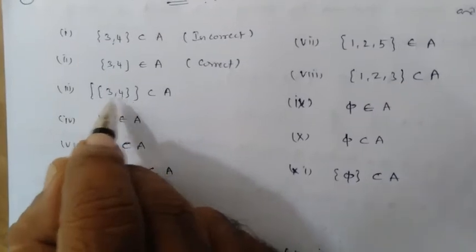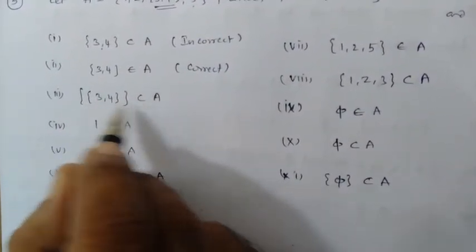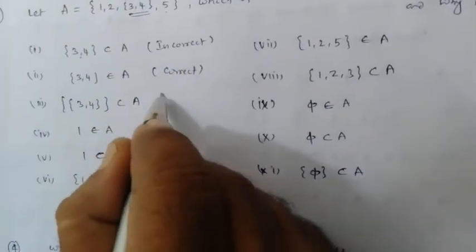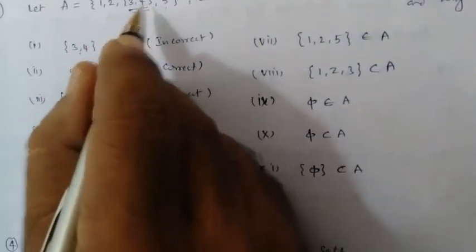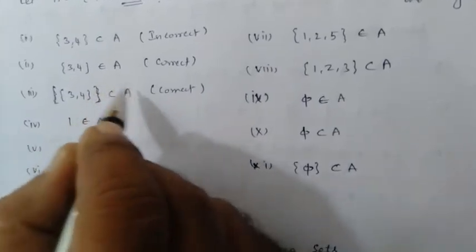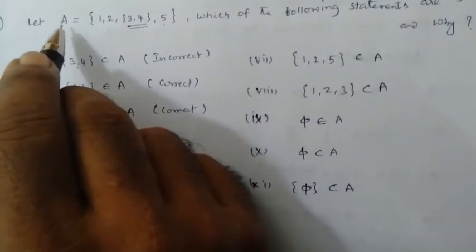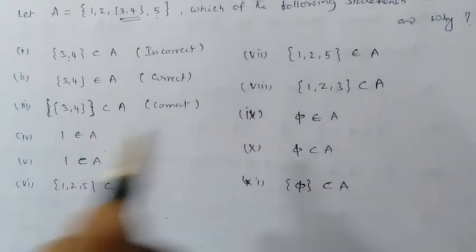Next, the set {3, 4} in the outer brackets means it is a subset of A. It is a subset of A, so it is a correct statement. 3 comma 4 is an element, so on putting these brackets it will be a subset. So clearly it is a subset contained in A. Correct statement.